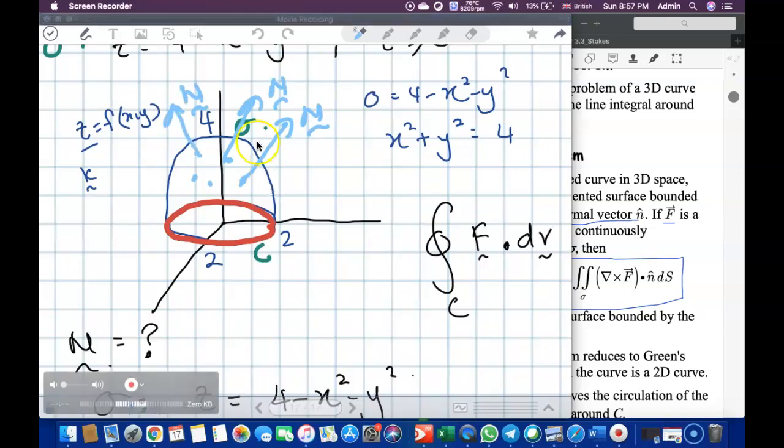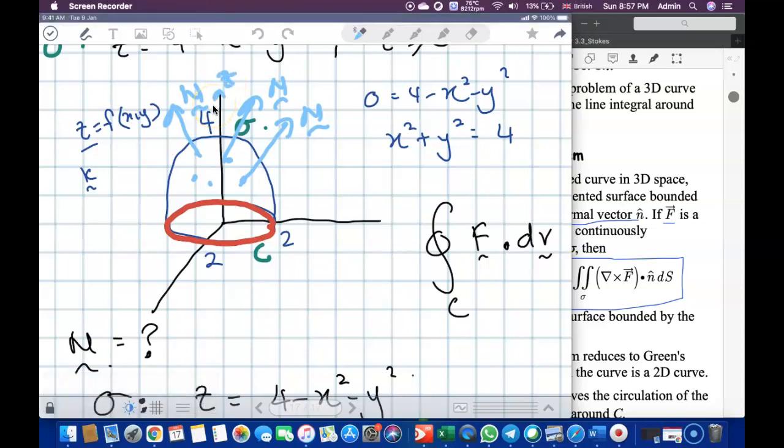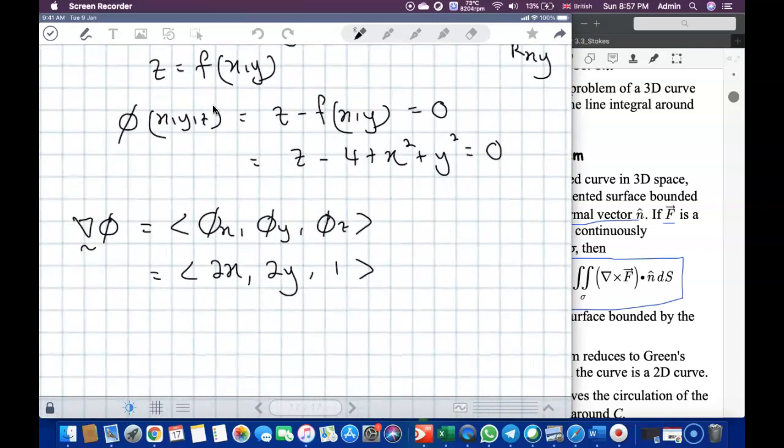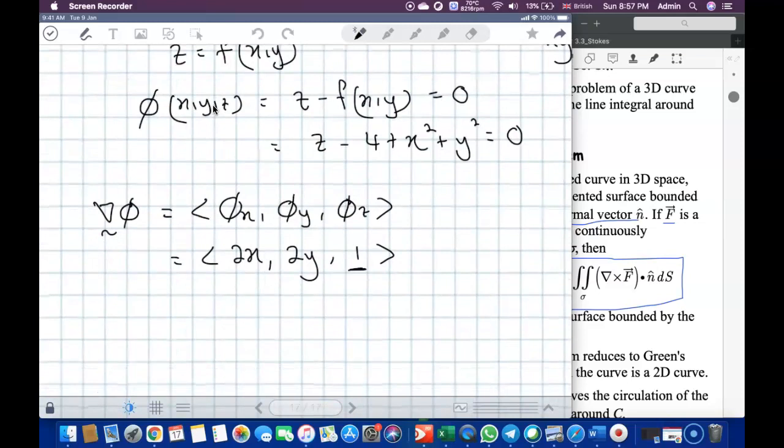So you can see that the arrow points upward, where z is positive, which means the k component must be positive. If you look at your calculation just now and check your k component, it is already positive, right?